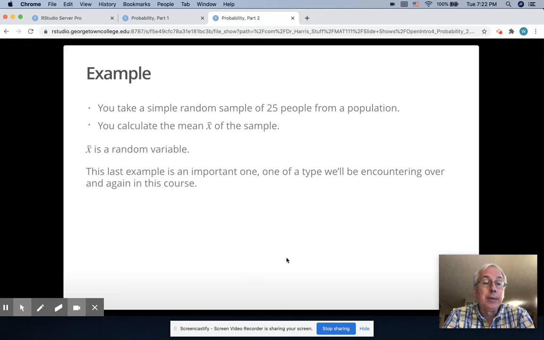That sample mean is a random variable. It depended on the individuals that you chose, and they were chosen randomly. So keep that in mind. We'll be talking about sample means, sample proportions. We want to think about those as random variables, and so they're going to obey some of the things that we're going to be talking about in these next few slideshows.